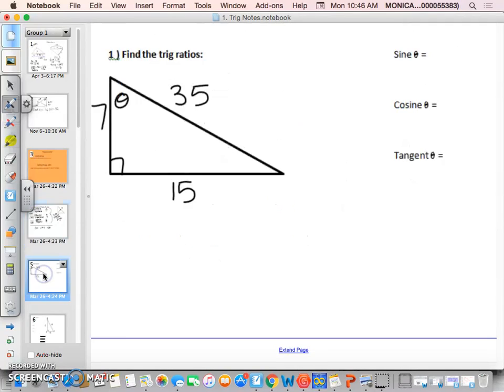All right, so let's look at an example problem. Here's what it looks like. We want to find the trig ratios. This is an angle, and we call this angle theta. It's just a Greek letter. First thing we want to do is find the sine of theta. We do that by remembering our SOHCAHTOA.